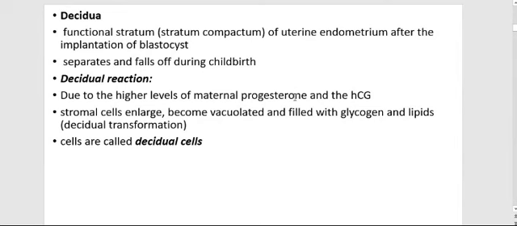So the endometrium is actually edematous. The cells are all filled with fluids. This is what we call the decidual reaction.